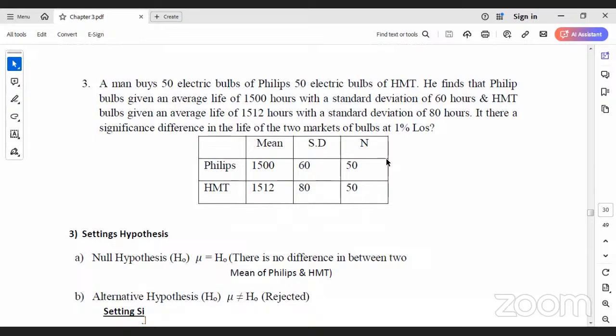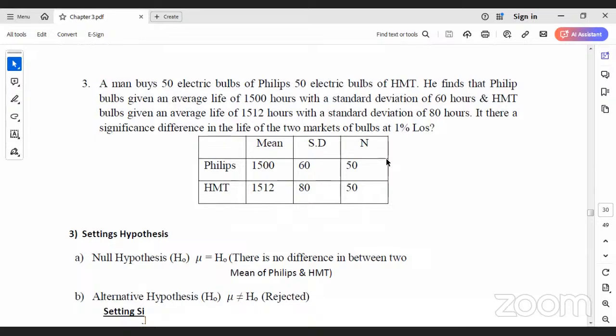He finds that Philips bulbs give an average life, and average means mean, that is 1500 hours with a standard deviation of 60 hours. HMT bulbs give an average life of 1512 hours with a standard deviation of 80 hours. Is there a significant difference in the life of the two makes of bulb at 1% LOS?